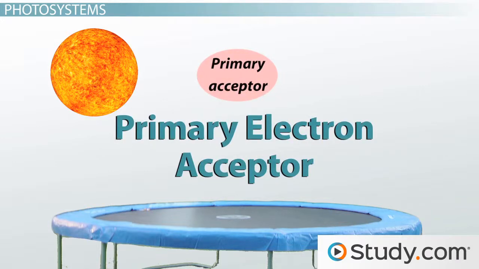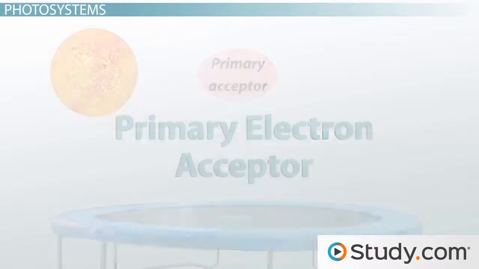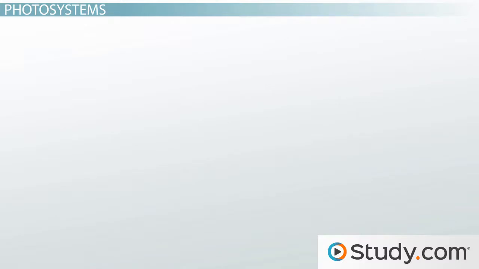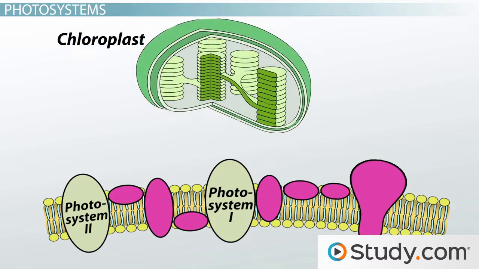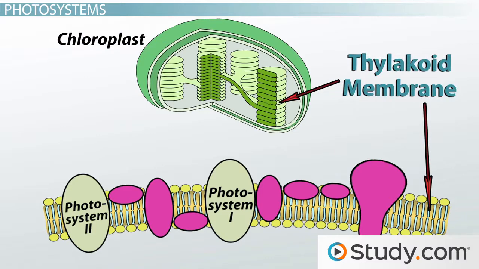Now, what goes up must come back down, and these energized electrons come back down in energy levels by moving through an electron transport chain. You might remember the electron transport chain from cellular respiration. The electron transport chain in photosynthesis is similar to this. Electron acceptor proteins reside within the thylakoid membrane. These proteins also become reduced as they accept electrons and oxidize as they pass electrons down this chain.